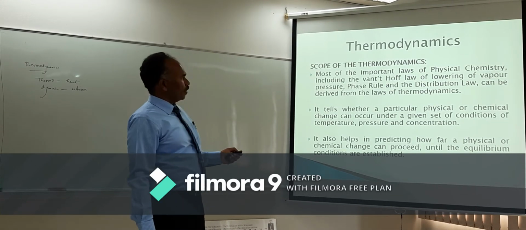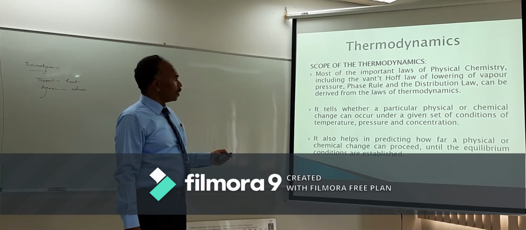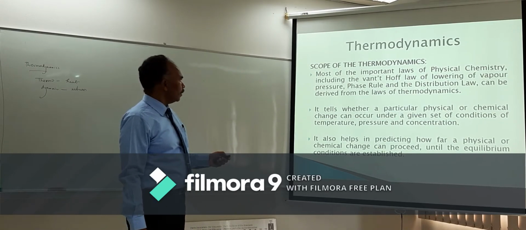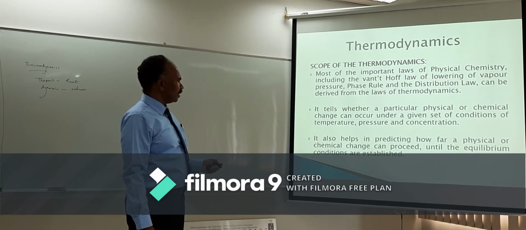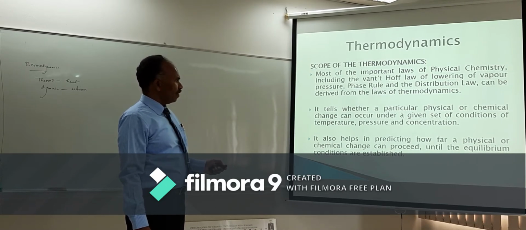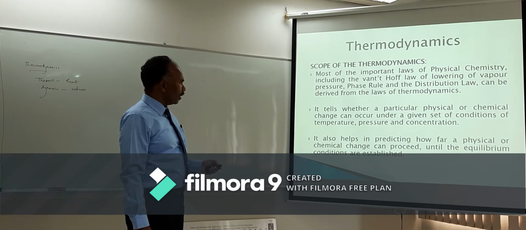The scope of thermodynamics: most of the important laws of physical chemistry, including the van't Hoff law, lowering of vapor pressure, phase rule, and the distribution law, can be derived from the laws of thermodynamics. It tells whether a particular physical or chemical change can occur under a given set of conditions of temperature, pressure, and concentration.